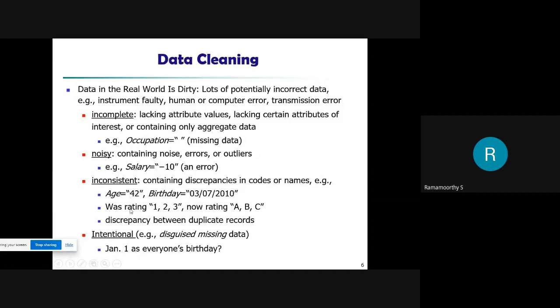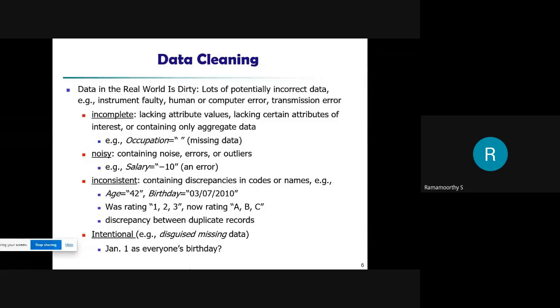In certain cases the rating was given in the form of numerical values 1, 2, 3, but the people who actually entered the data may have entered it wrong, like A, B, C category. So you need to remove all this inconsistent data as well as the duplicate records. This is one more type under the data cleaning process. And some intentional values discussed: missing data.